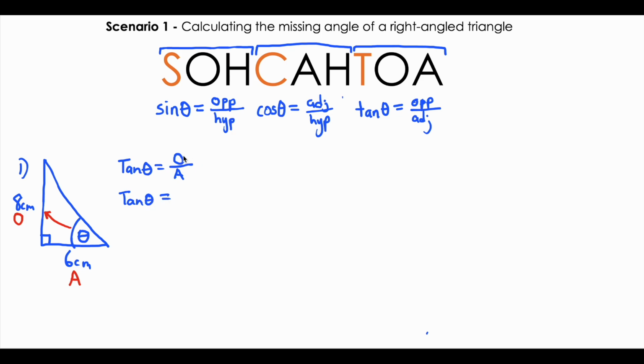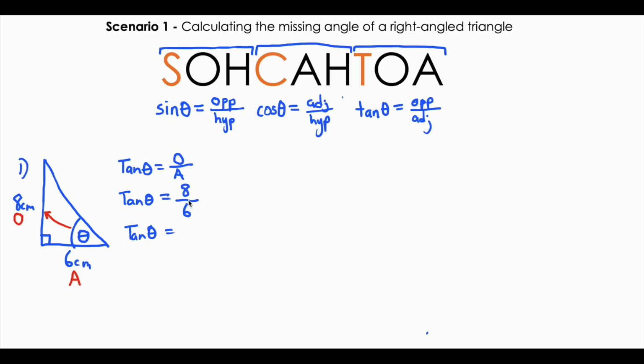And what's the ratio? Opposite over adjacent. What is the opposite? 8. And that goes over the adjacent. What's the adjacent? 6. Okay. So 8 is the opposite, 6 is the adjacent. Now all I need to do is divide these two numbers.